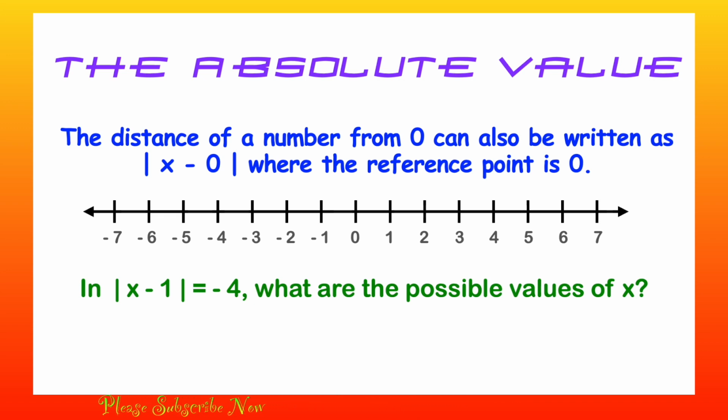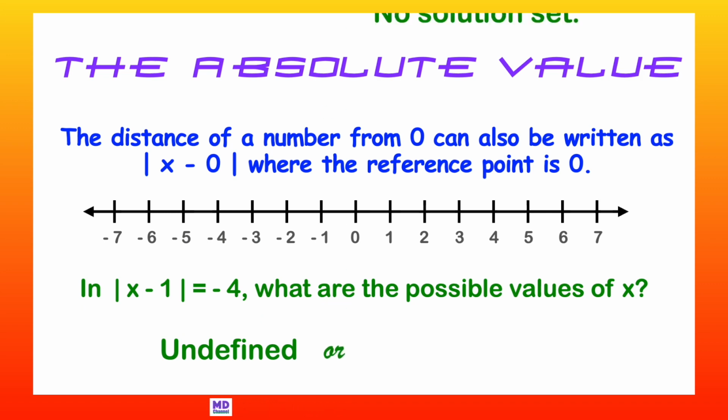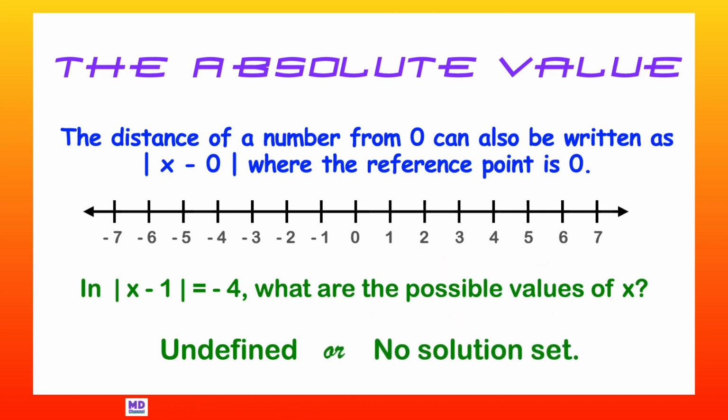The 4 is negative, so the movement cannot be negative. The movement should be positive. Although the direction, going to the left is negative and going to the right is positive, that is direction. But the number of movement should always be positive. So for this equation, this is undefined, or no solution set.